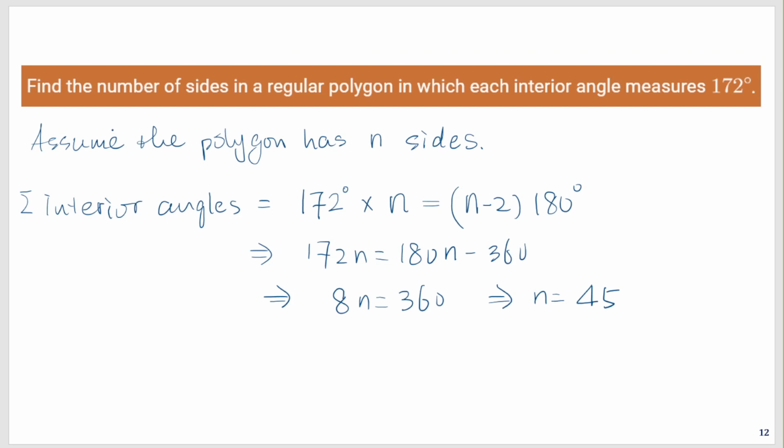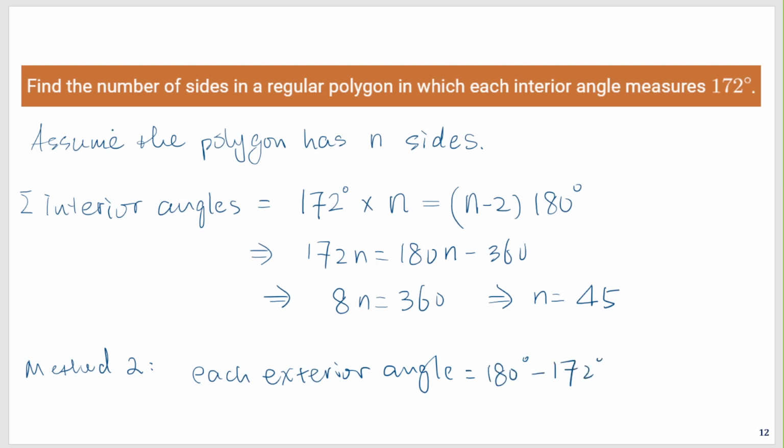On the other hand, you could also focus on the exterior angle. Another method we could use is, since the measure of each interior angle is 172 degrees, each exterior angle is just 180 degrees minus 172 degrees, which is 8 degrees, right?